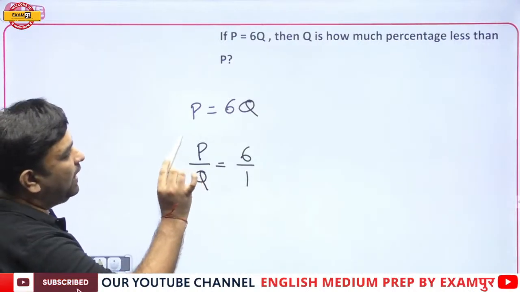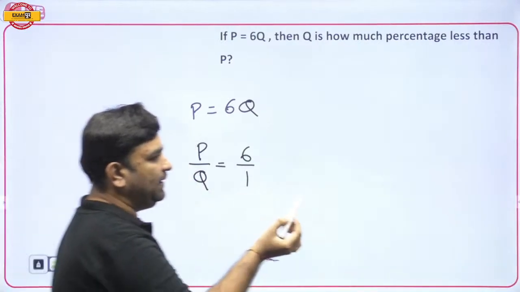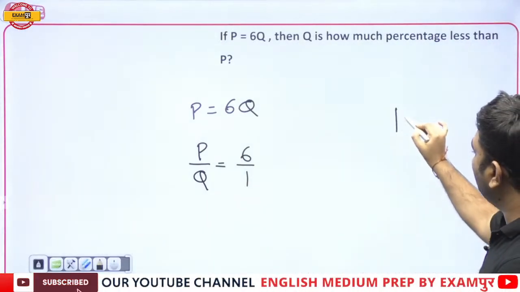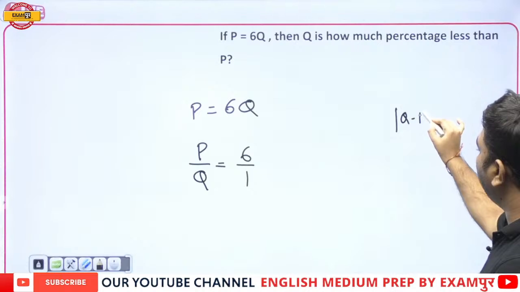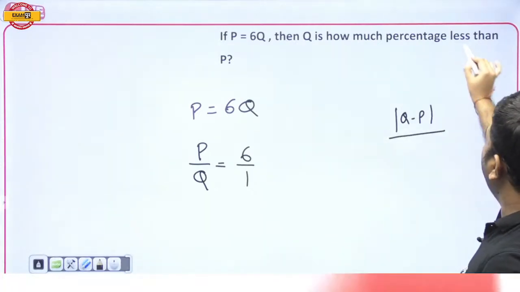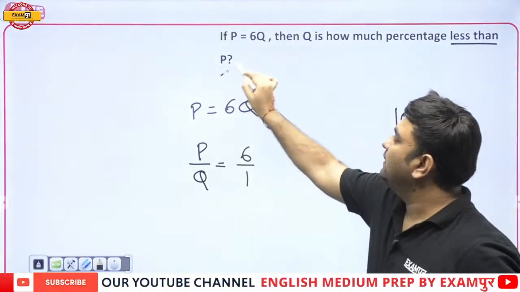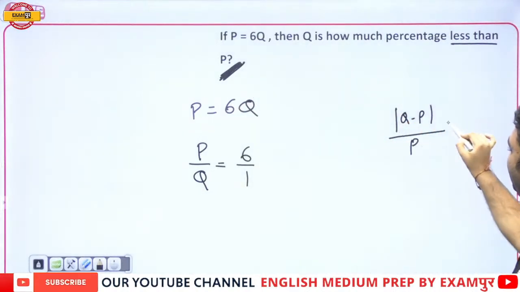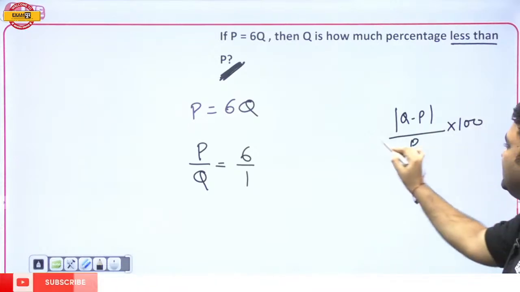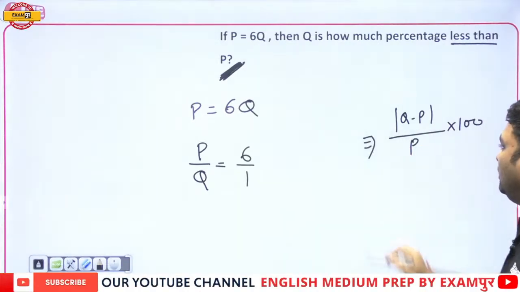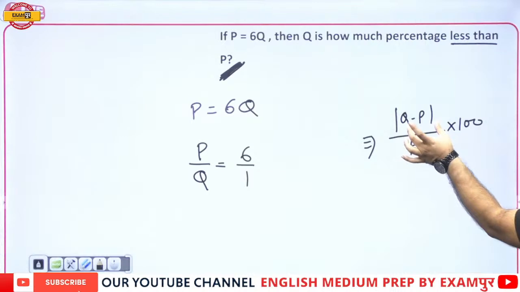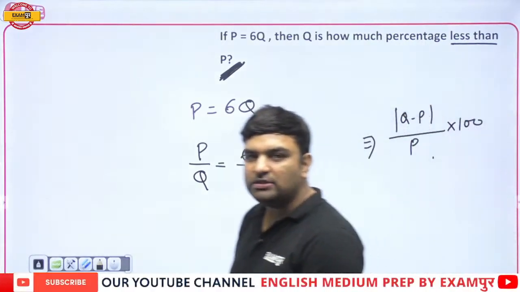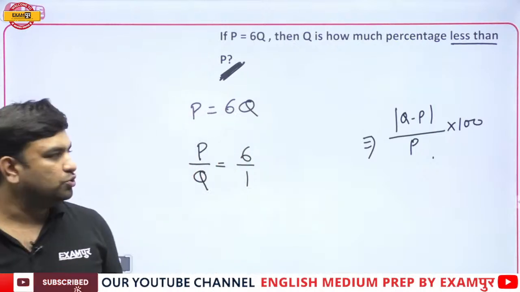So, how much is Q less than P? You will say in the numerator, it is the difference of Q and P, less than P. So, comparison would be done with P. You will say, sir, the difference of both numbers divided by P into 100.